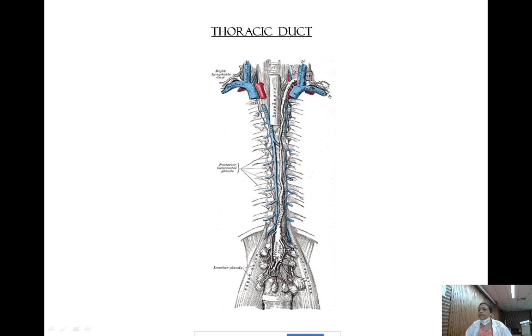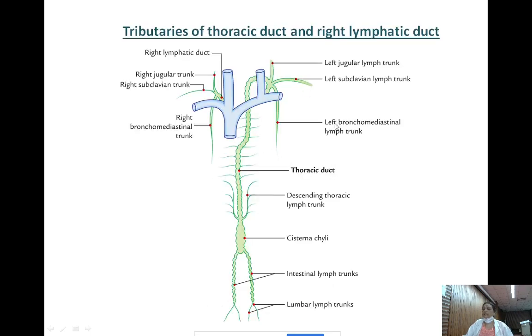Here you can see the thoracic duct, though they have not colored it, they have made it white. Okay, so this is the cisterna chyli. The thoracic duct enters through the aortic opening and runs mostly on the right side and reaches up to the sternal angle, that is the intervertebral disc between T4 and T5, and there it crosses from the right side to the left side, and ultimately it enters into the superior mediastinum, and comes towards the root of the neck, enters into the neck, and then it arches, it bends.